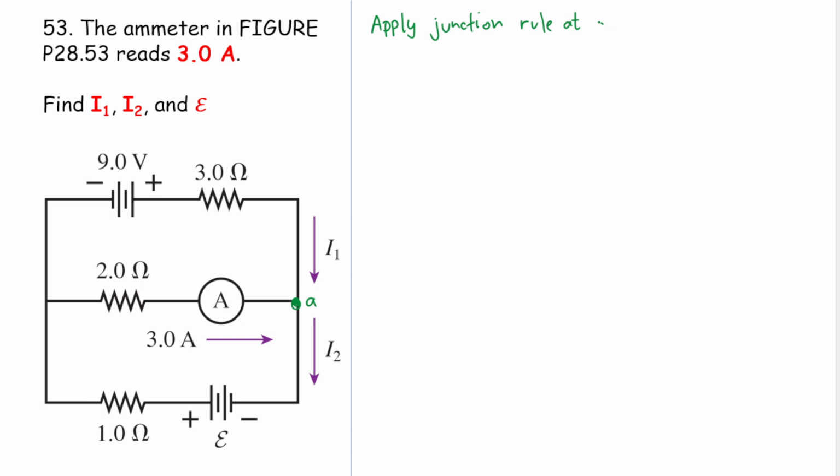The junction rule says that the sum of the current that goes in will equal the sum of the current that goes out, right? And what is the current that goes in? This 3 ampere and this I1. It goes into A, so I will have I1 plus 3.